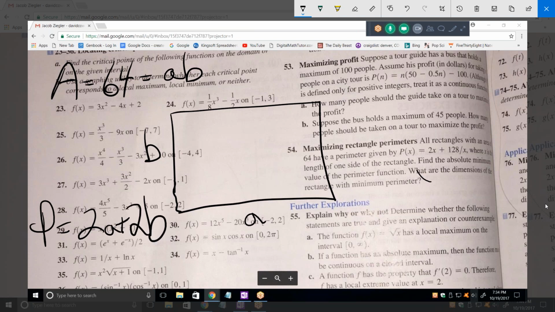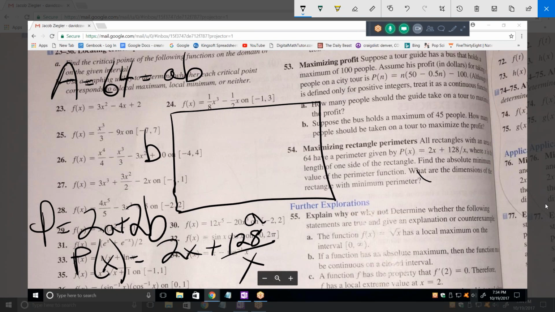So the perimeter, they're telling us, has a perimeter of 2x plus 128 over x, where x is the length of one side of the rectangle.